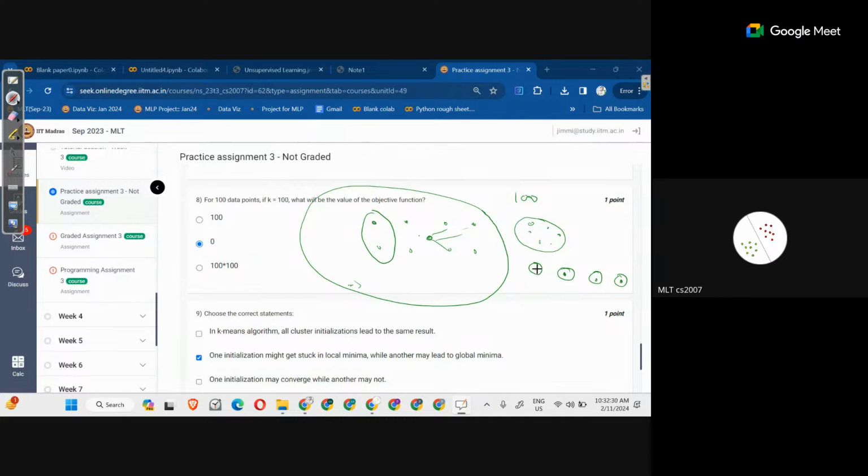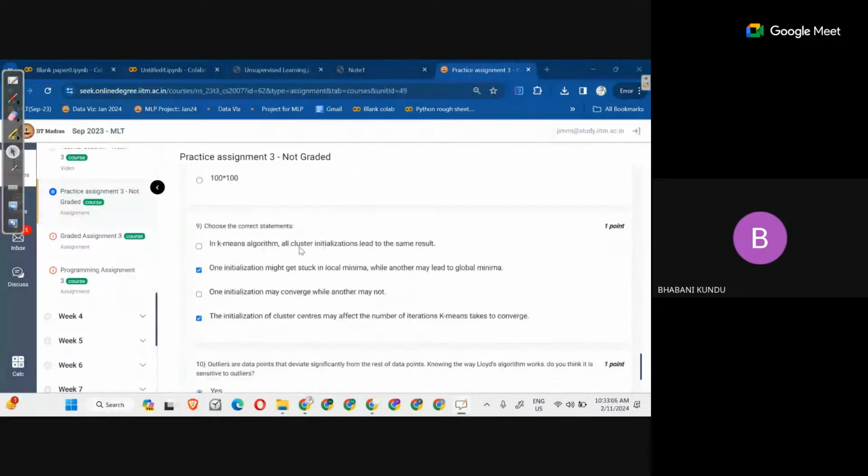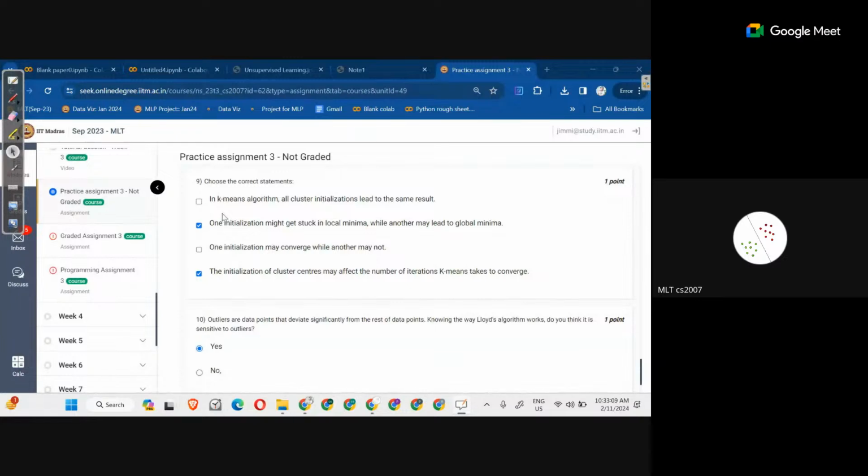If I ask you to calculate the distance of that person from the group center, it will be 0. In terms of data points, the distance of this point from the centroid of its cluster will be 0, because both overlap. A centroid is nothing but the mean of all the points, so with one point, the mean is that point only. The cluster mean and the point are the same, so this will be 0.